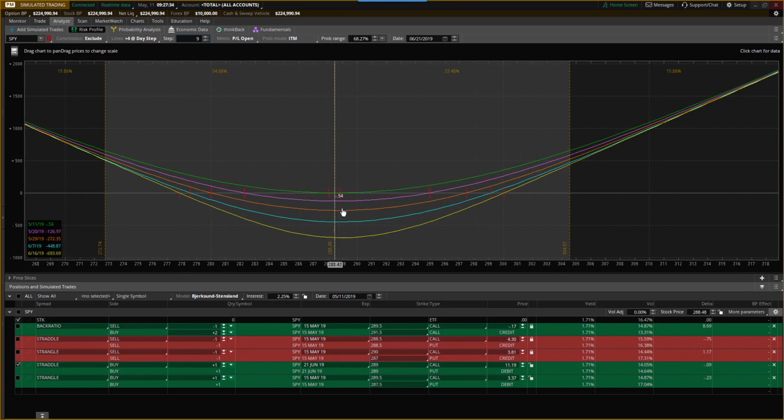So you can see that as time goes by, we would take more and more loss in this trade if we didn't see a move to these break-even spots, these red dashes here. That's the break-even for each one of these dates. You would need SPY to move at least that far by May 20 to start to see profit, and this far by May 29, and then this far by June 7, and by this far on June 16.